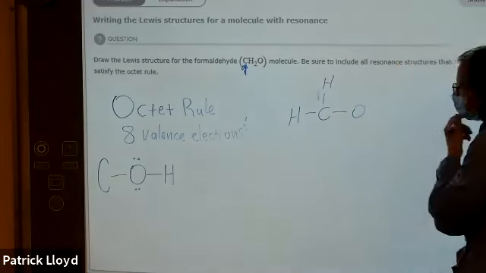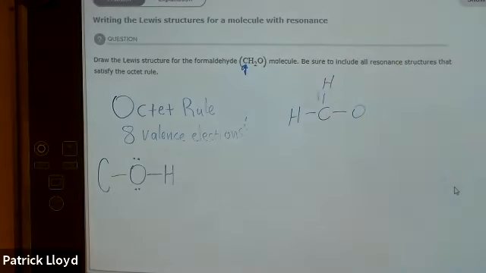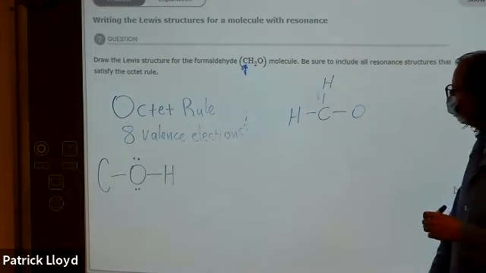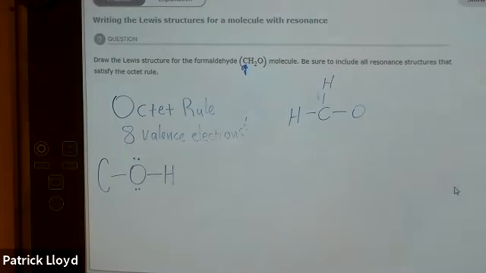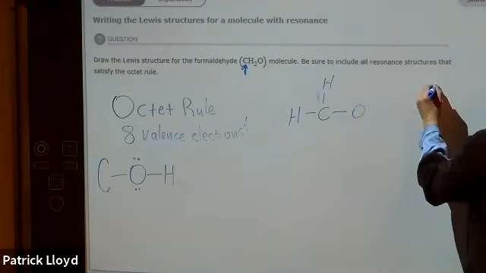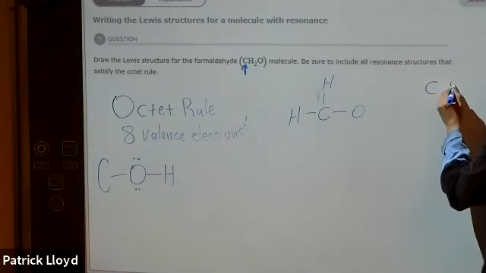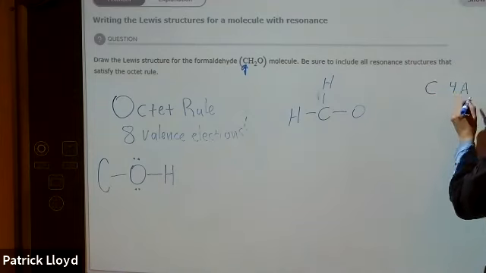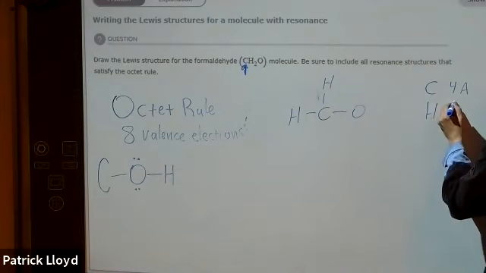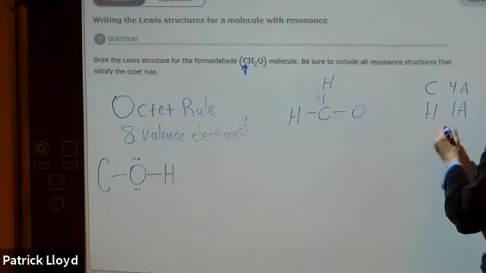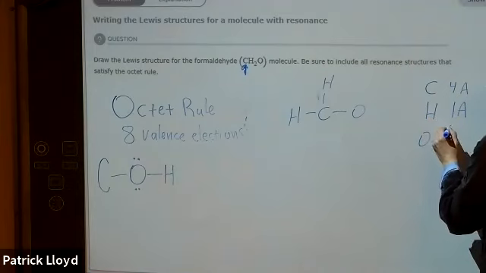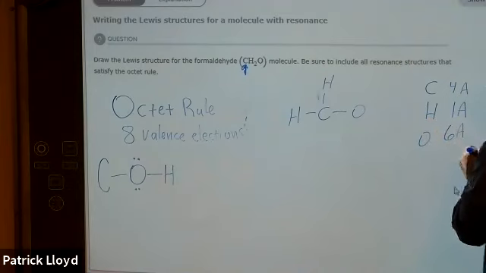Just write the oxygen. And once you've got the skeleton, then you just start doing what I call bookkeeping. You're counting electrons and everything. So carbon is in group 4A. Hydrogen is in group 1A. And oxygen is in group 6A, right?